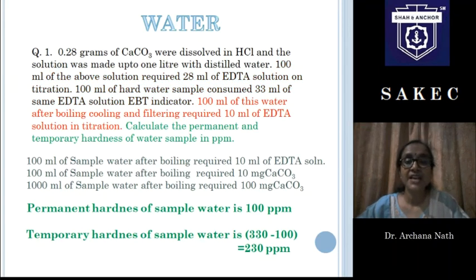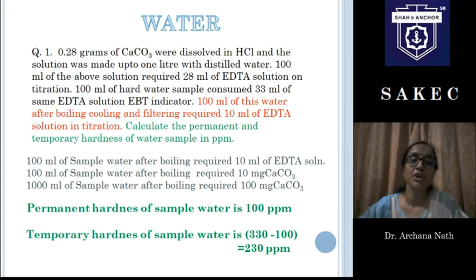The next step: 100 ml of this water after boiling, cooling and filtering requires 10 ml of EDTA. So 100 ml of sample water after boiling required 10 ml of EDTA, which is equivalent to 10 milligram of calcium carbonate.